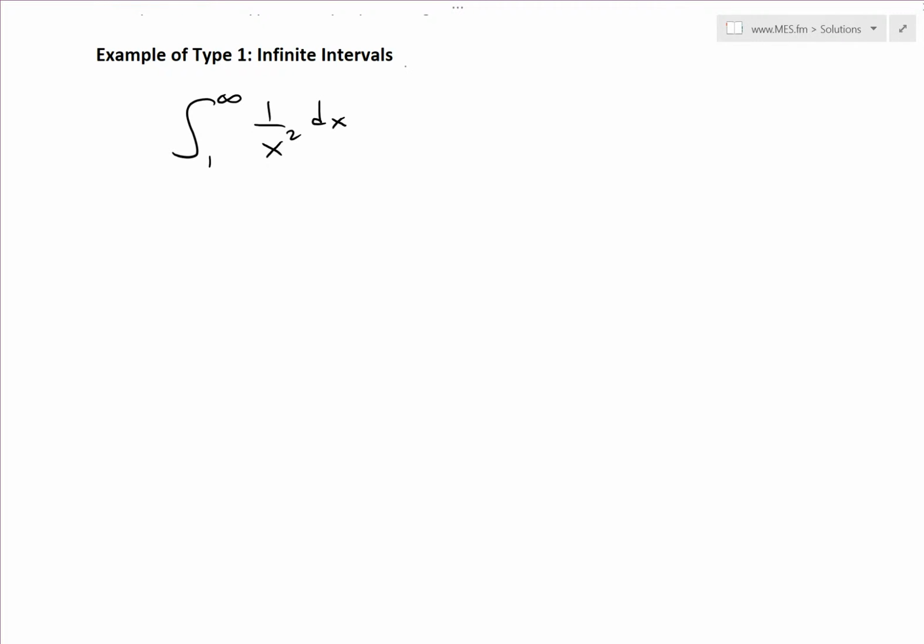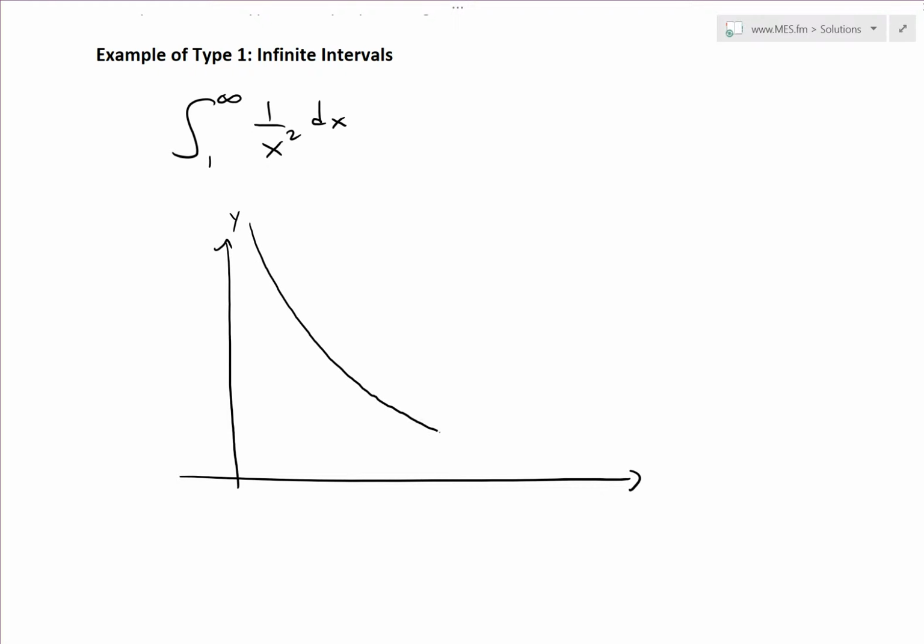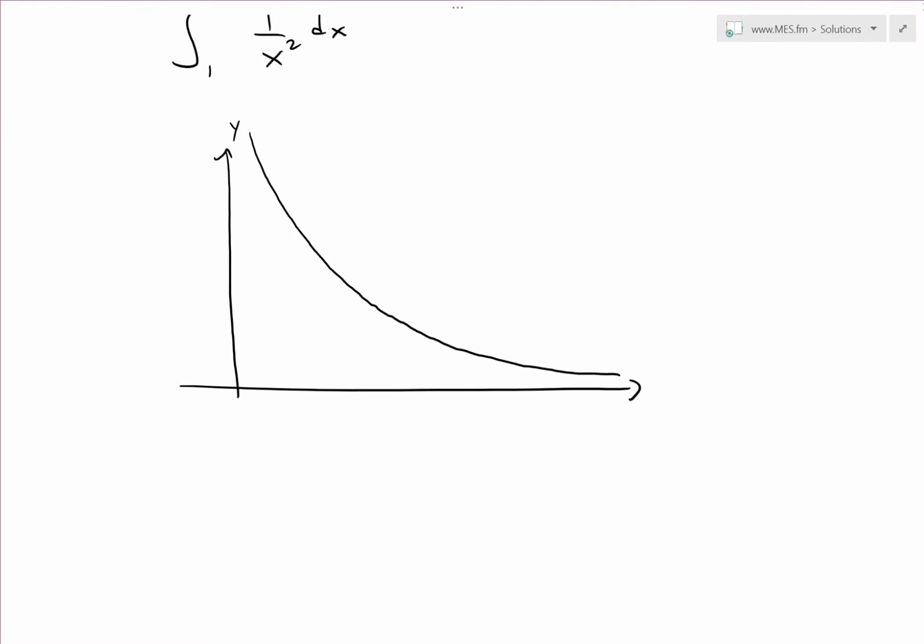If you were to graph it out, it would look something like this. We look at the positive side only. This is y equals 1 over x squared. When you plug in 0, it goes to infinity, so the function looks something like this, and as you get to a bigger number, it gets smaller and smaller. It's always positive.